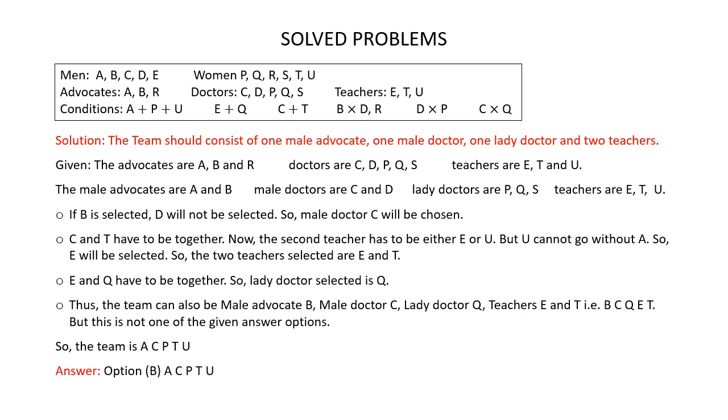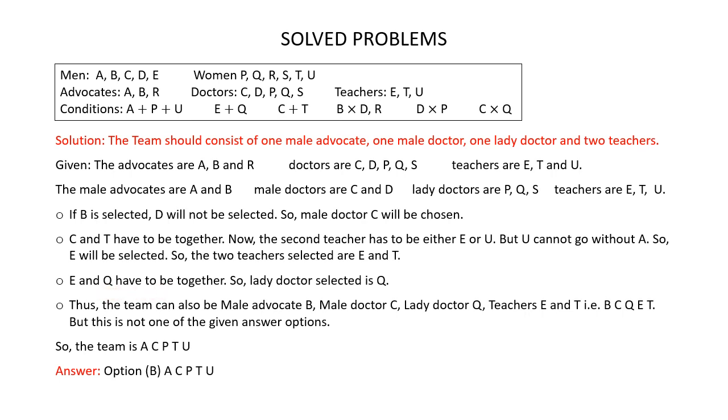Now we know that the lady doctors are P, Q and S. Now we need one lady doctor for the team. So that one lady doctor has to be selected from either P, Q or S. Now according to the conditions, we know that E and Q have to be together.